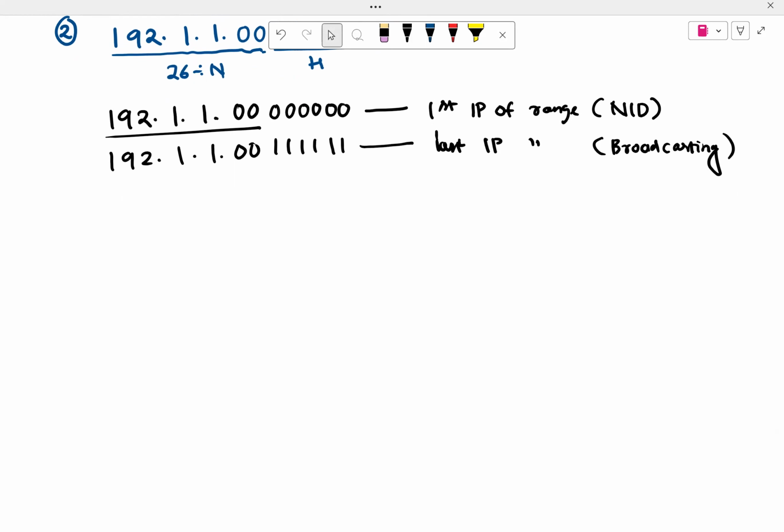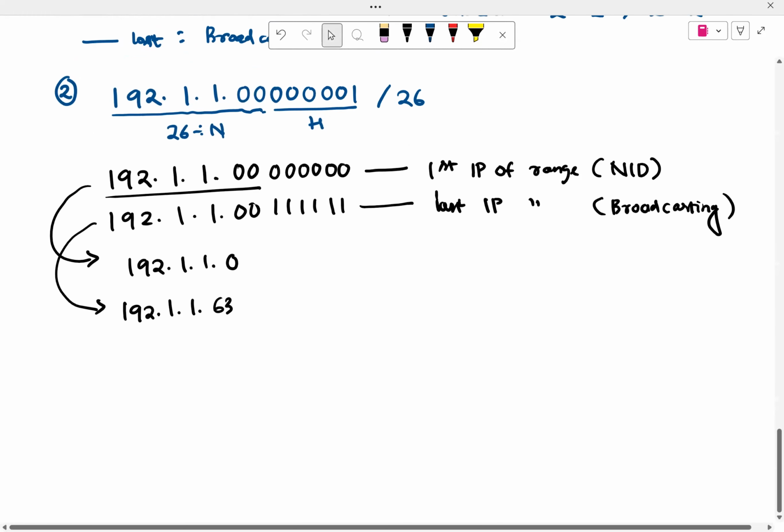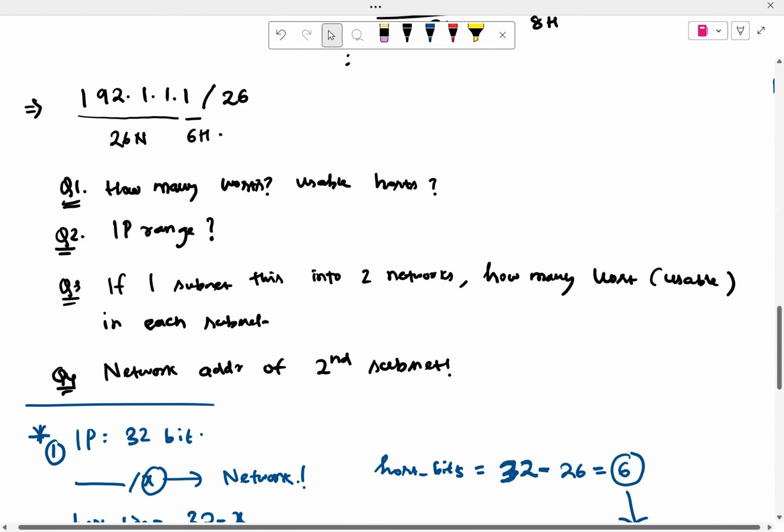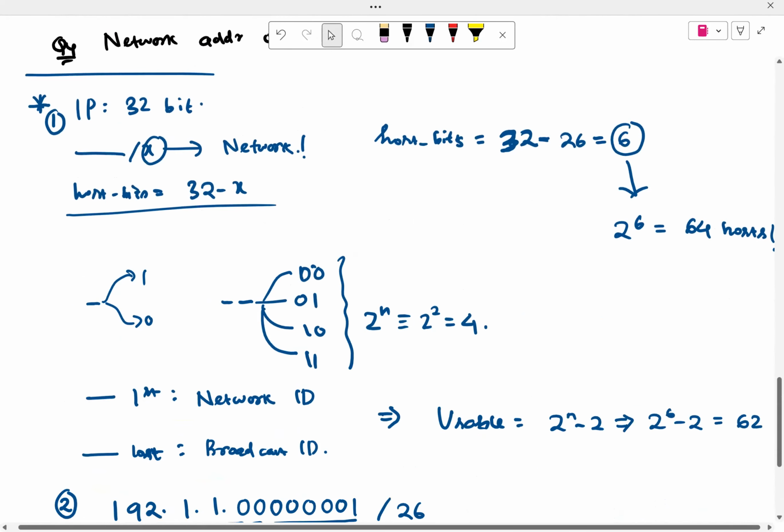If I convert this to numbers, it will come as 192.1.1.0, and the last as 192.1.1.63. This is the first and the last IP address, so this is the IP range.